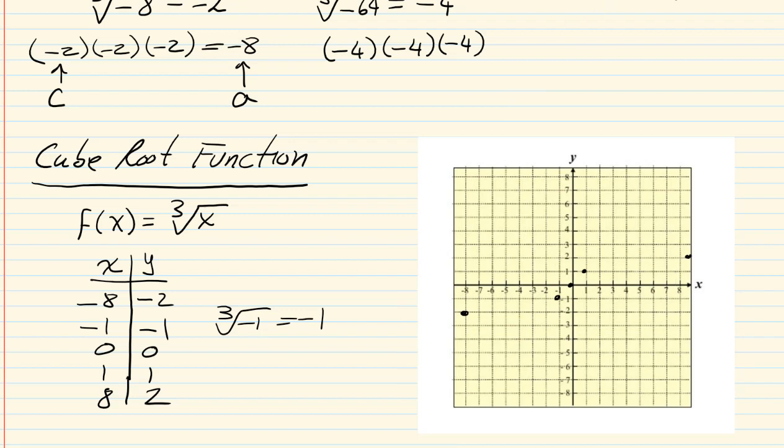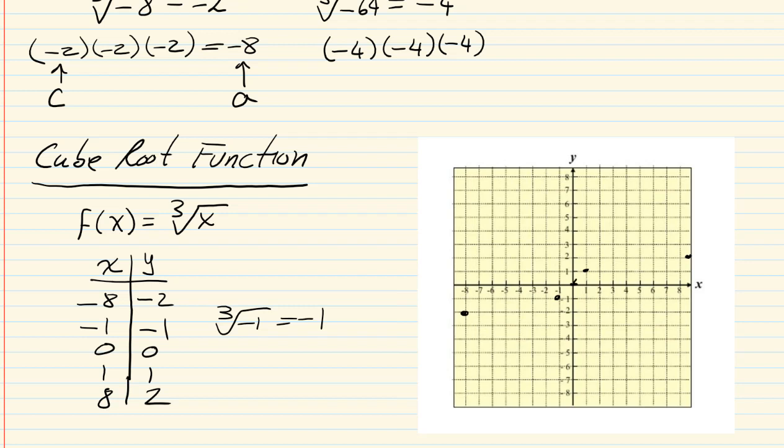Okay, so now that we have our points, we can connect these dots together, and you can kind of imagine what this graph is going to look like. It's going to be very steep going in this direction. Let me actually redraw it. 0, 0, 1, 1.